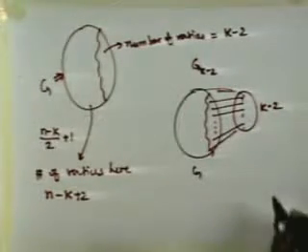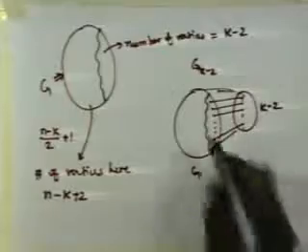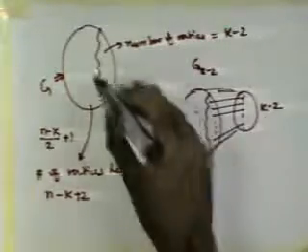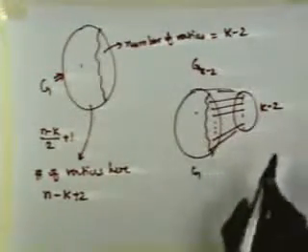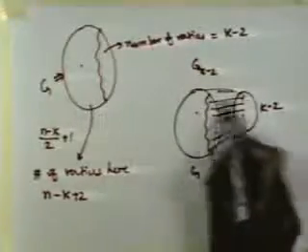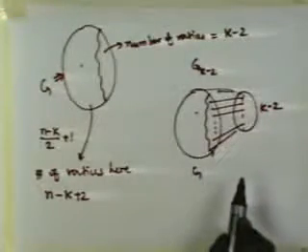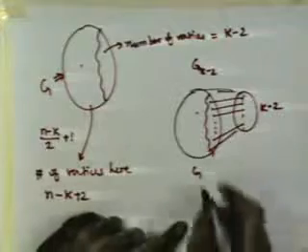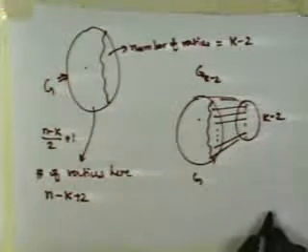You can see that this gives a perfect matching. So this shows that G of k minus 2 in fact has a perfect matching. Good.